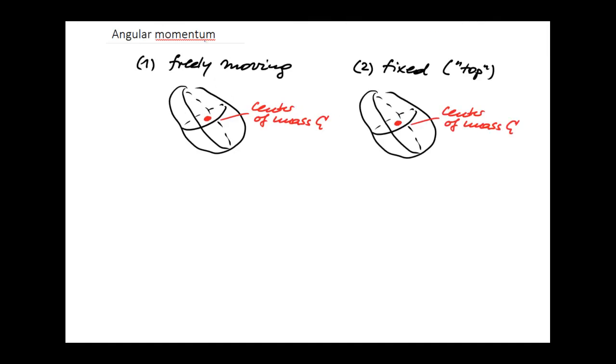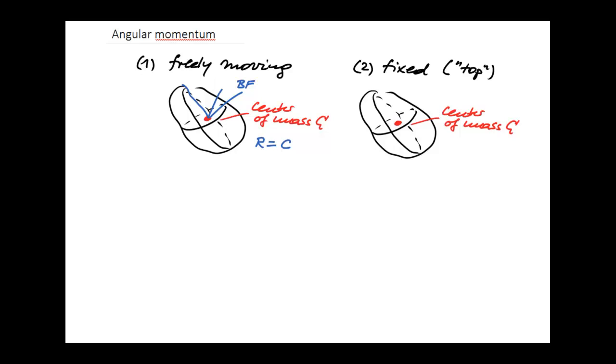In the first scenario, we just agreed that we would put the origin of the body fixed frame in the center of mass. Therefore, the reference point R equals the center of mass. In the second case, we have a certain point where the rigid body is fixed.